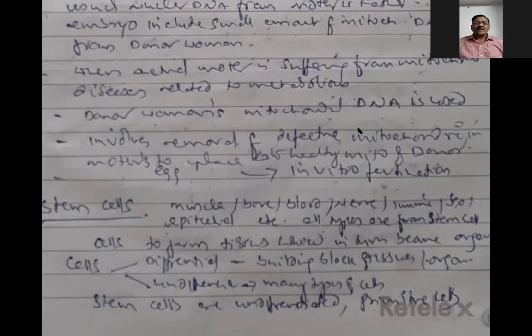Then, for the replacement of the diseased, degenerated cells, you take out the defective embryo cell and inject an induced pluripotent stem cell. So it just acts as a natural, healthy stem cell, and it covers up for the disease. The disease will not get transmitted to the offspring.